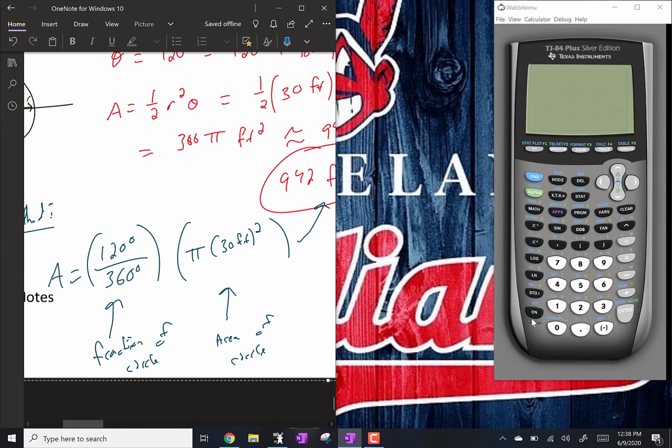So if I take 120 divided by 360, I multiply that times 30 squared, and then multiply that times pi, you can see we still get the 942 square feet.